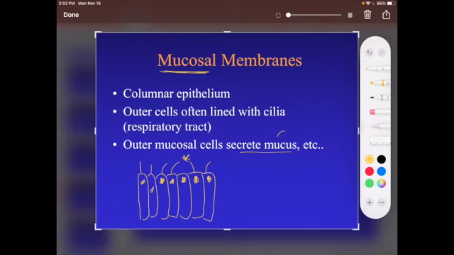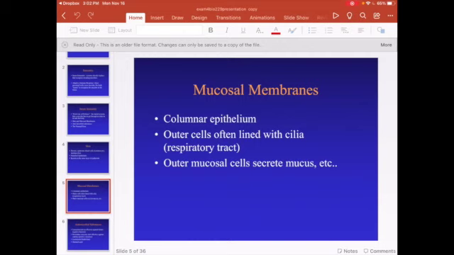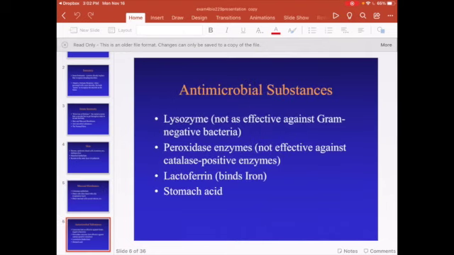And it's movement of the cilia that can help beat away a pathogen. So that's, again, a first line of defense that a microbe has to get through in order to cause an infection. Next up, your body naturally produces antimicrobial substances.